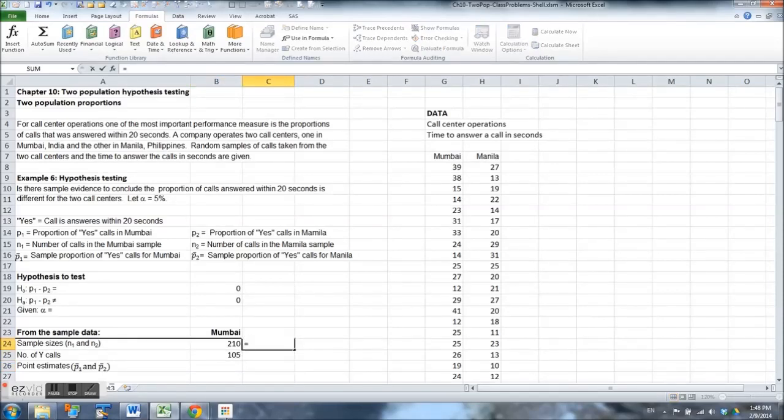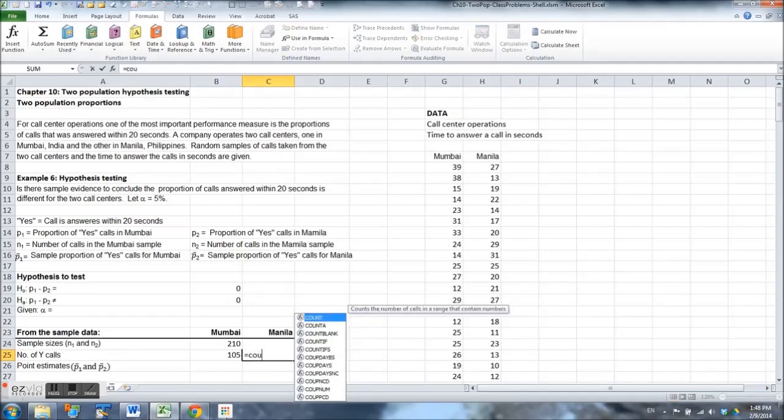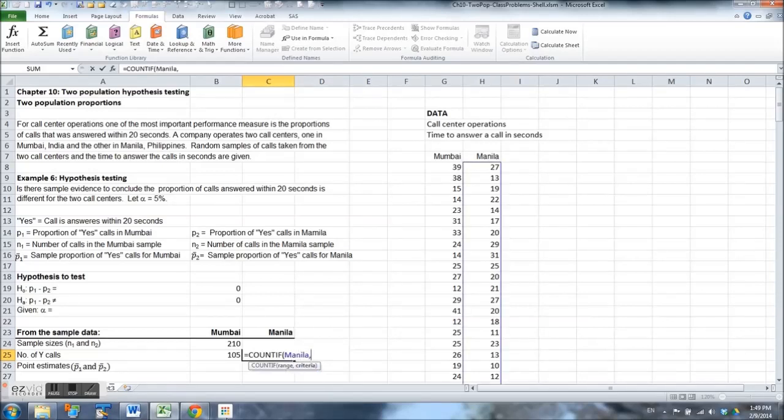And same for Manila. So count of Manila is the sample size, and count if Manila less than or equal to 20 seconds within quotation marks.